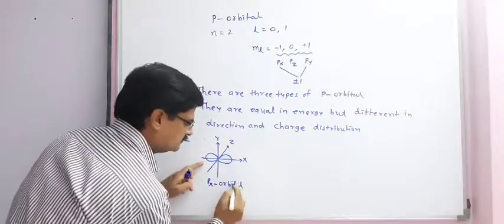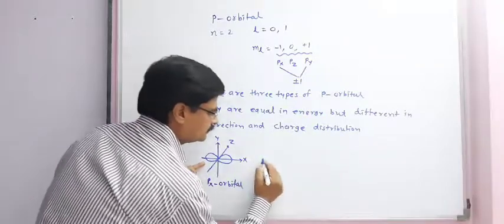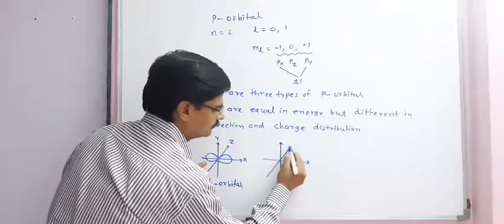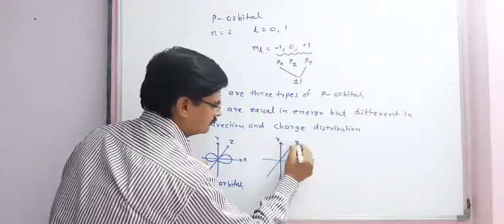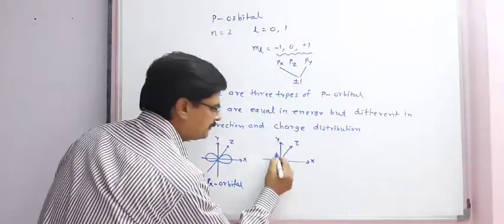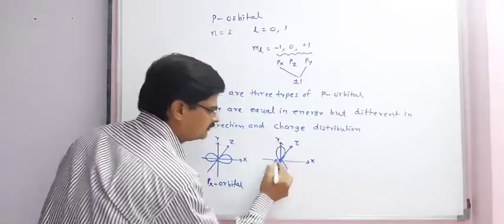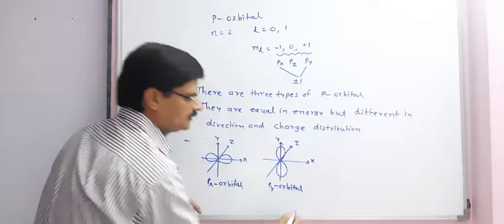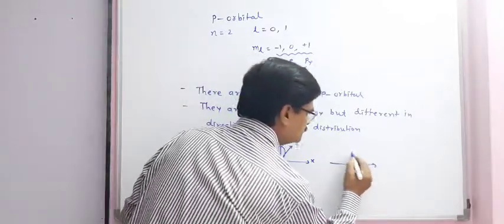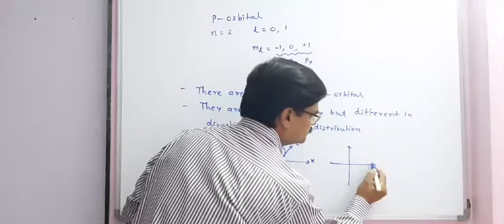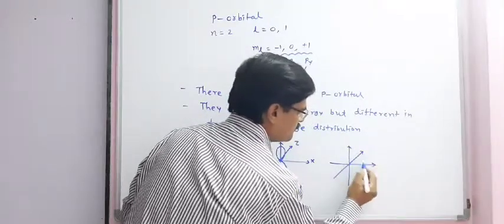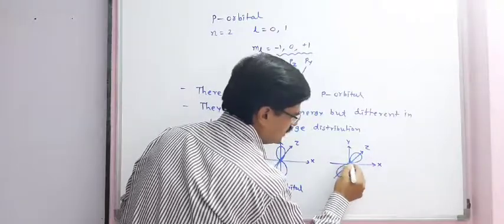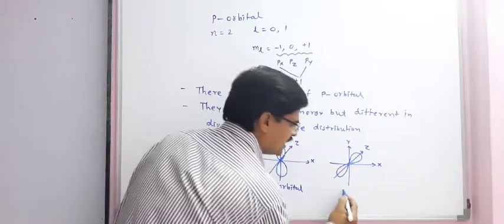Same way, this is boundary diagram for Py orbital, and this is the boundary diagram for Pz orbital.